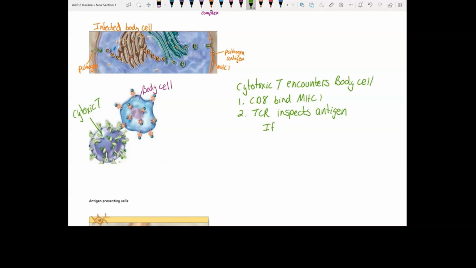If it is self-antigen, or it is pathogen antigen, but it does not match this particular T cell, then the T cell will disengage and leave it alone.